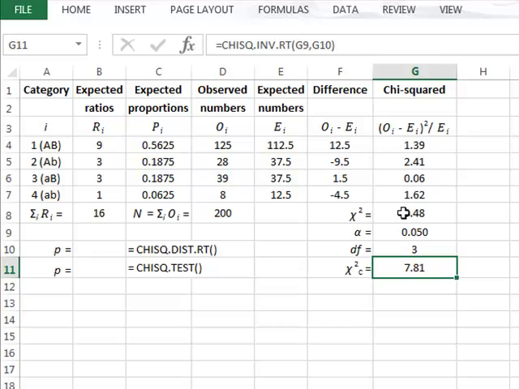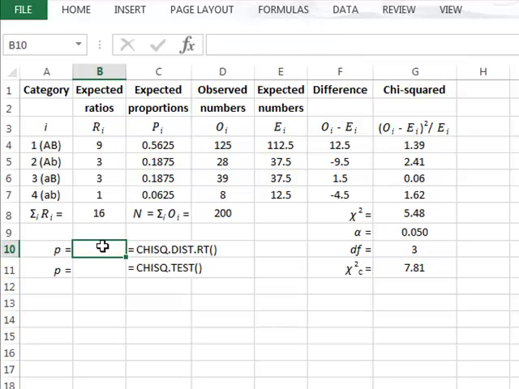But then, because our measured chi-squared statistic of 5.48 is less than the critical value, we will not reject the null hypothesis. There is not enough evidence to say that the observed distribution is significantly different from the expected ratio.